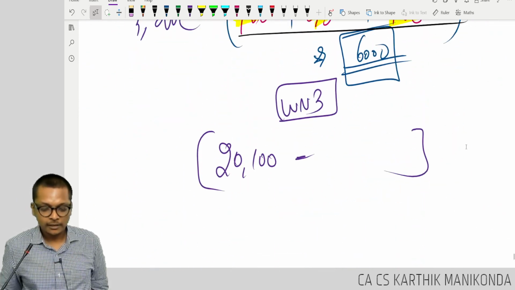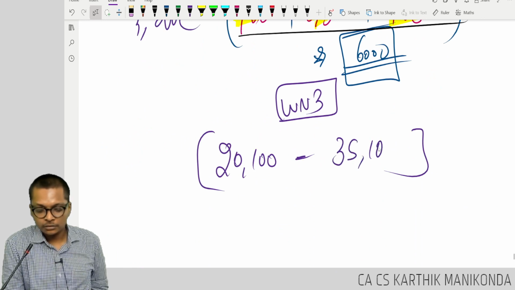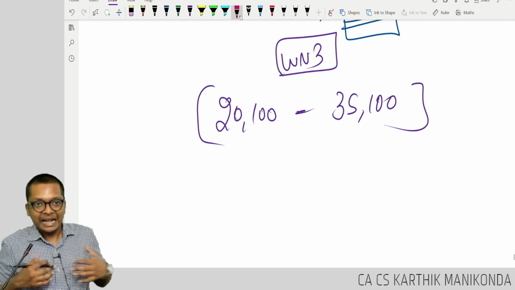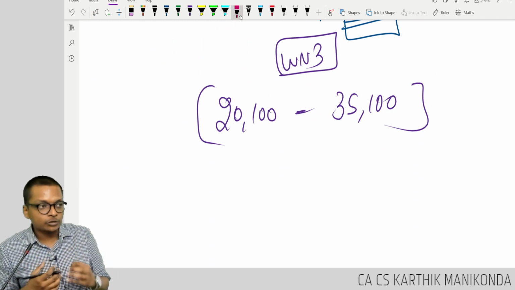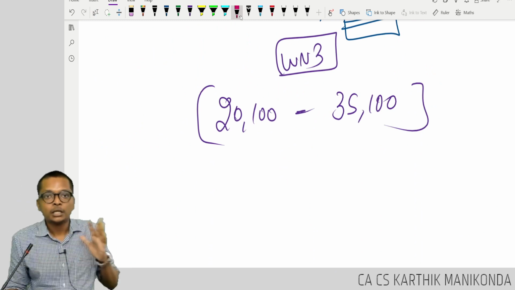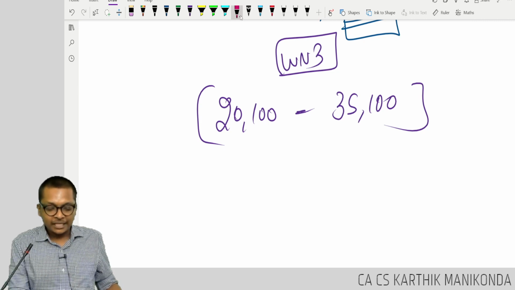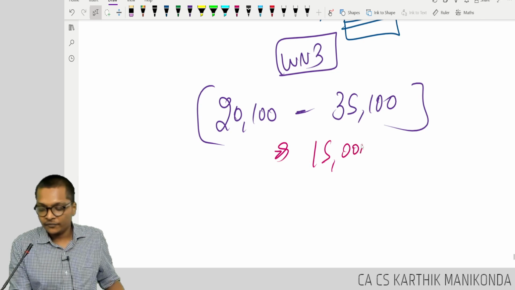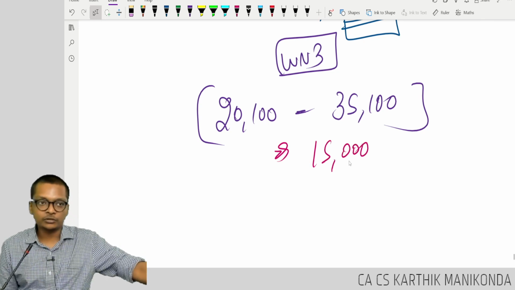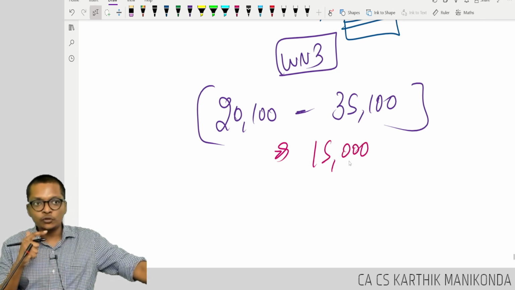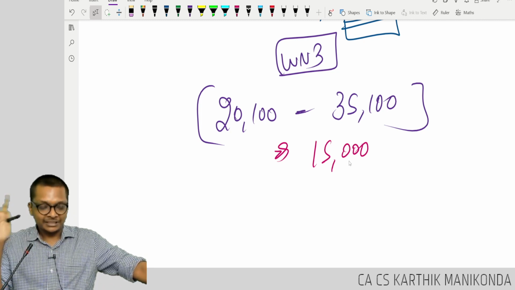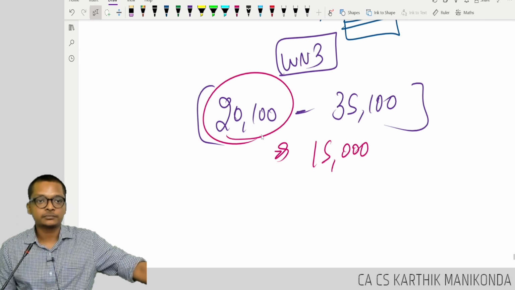How much? 35,100. Let me explain the meaning. I have to pay 35,100. I have only 20,100. Therefore, loss that the partners have to share is 15,000. Okay. Do I have to do this extra 100 rupees as installment 6? No. That 100 rupees is included in this.